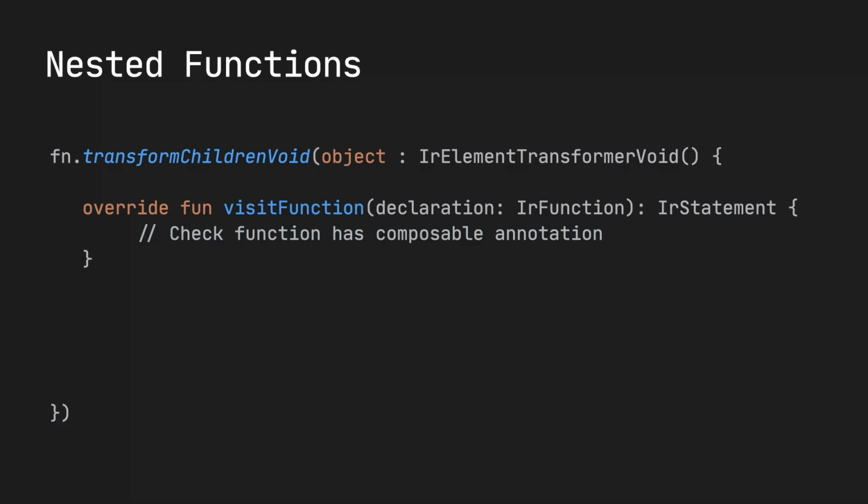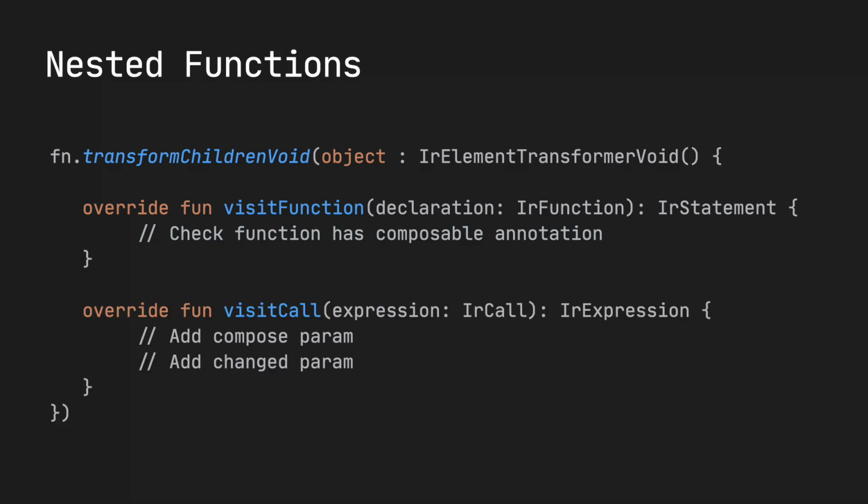As you saw before, this element transformer is an abstract class that has a lot of visitor methods, and I could selectively override which one I'm interested in. What I'm interested in is being able to traverse those nested functions, which is where visit function is going to get called. And I could perform the same transformations that I did to the outer function.